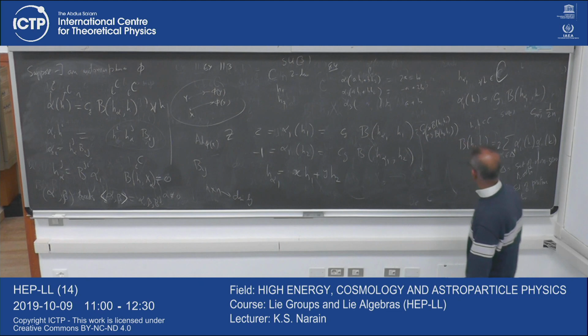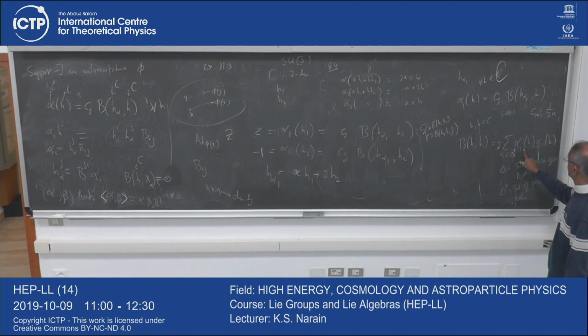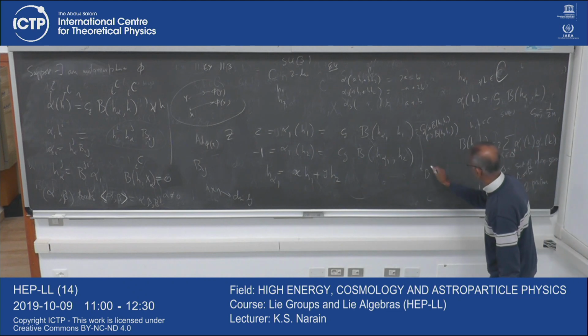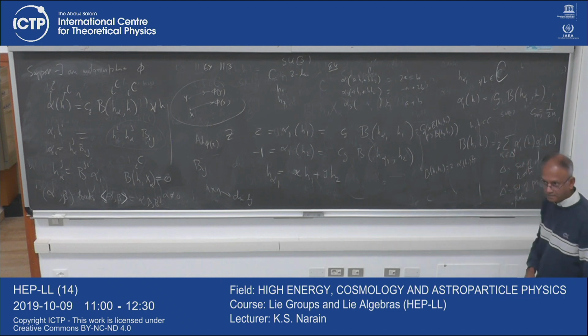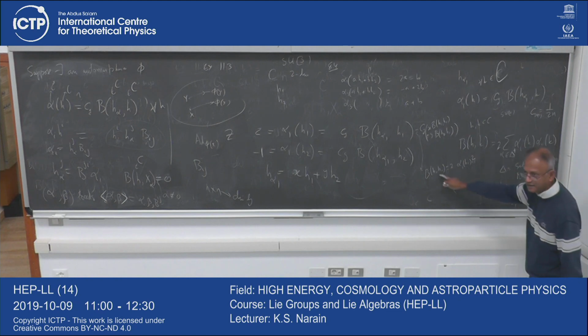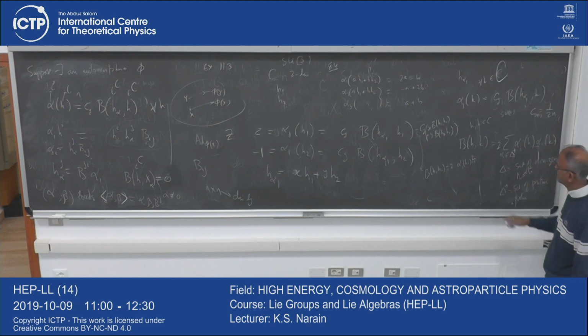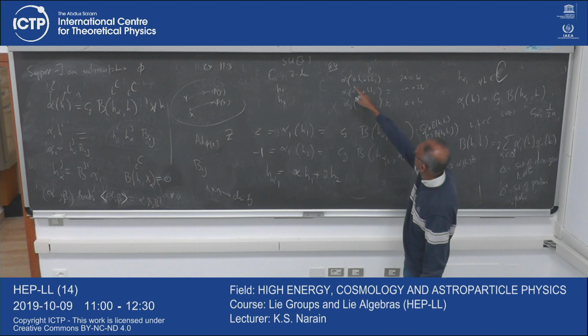So now what is B H1? It is 2 times alpha I H1, so alpha I H1 square. I mean, this is both H1. So it's alpha I H1 square.